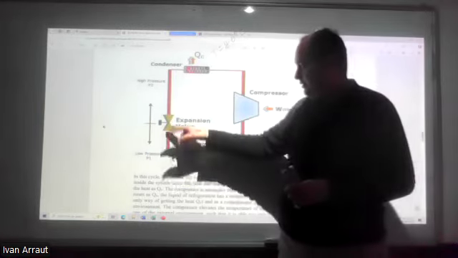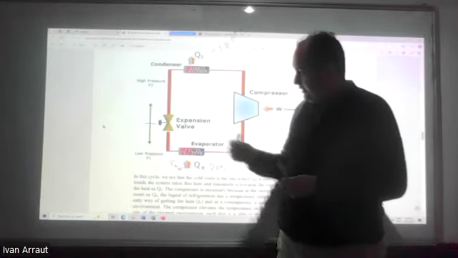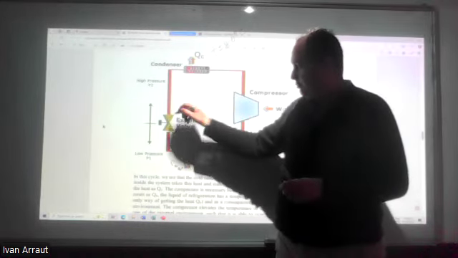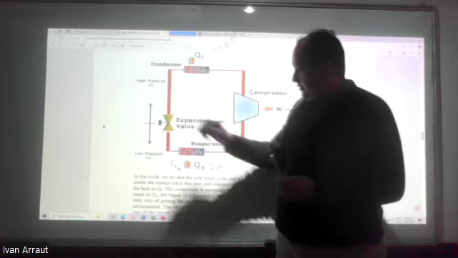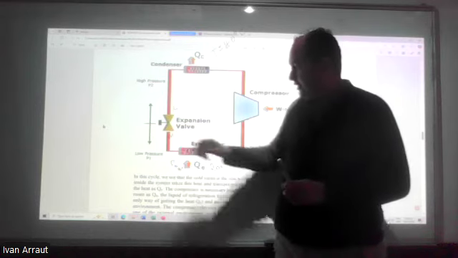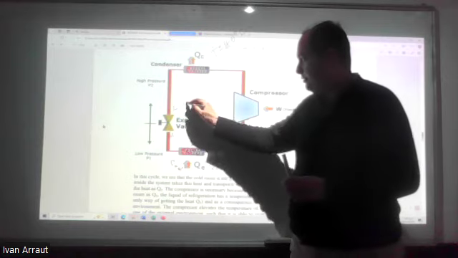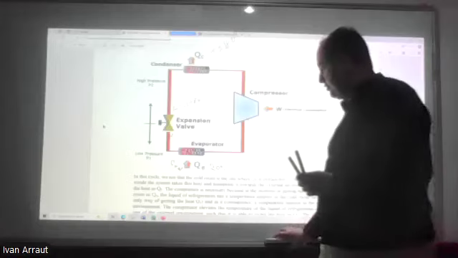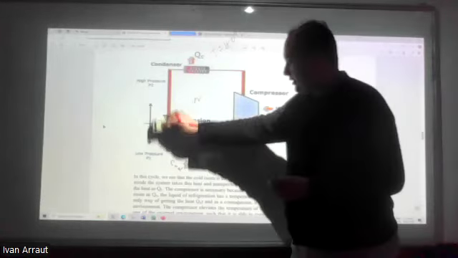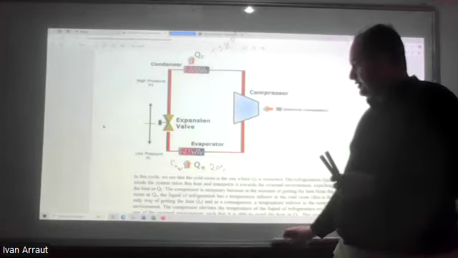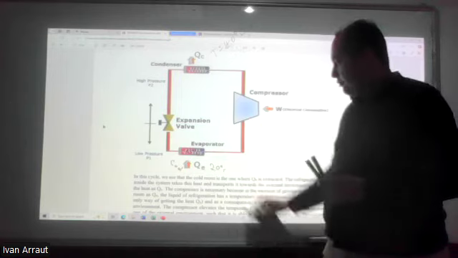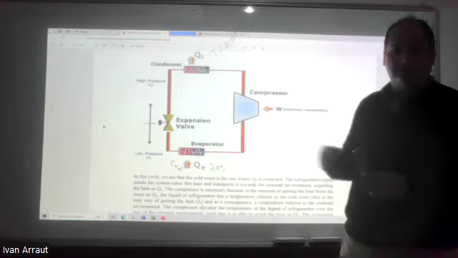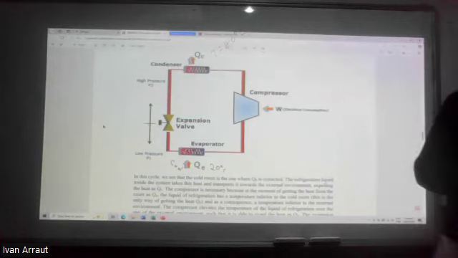This expansion bubble is important, and thermodynamically, the enthalpy before the expansion is equal to the enthalpy after the expansion. Remember, the enthalpy is U plus PV, which is internal energy plus pressure times volume. But anyway, the point is that there is a cycle, and we need to input energy because this process is not spontaneous.